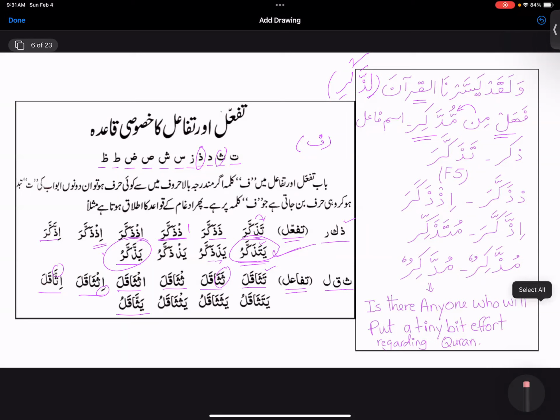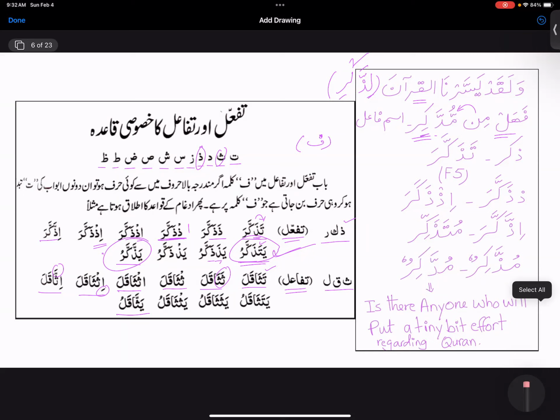Okay, so this muddakir, we are seeing dal over here, but actually za, kaf and ra are the root letters, and from those root letters there is iktaraba, and muddakir you can see by the meem, right? Meem, and then the middle root letter having kasra, right?